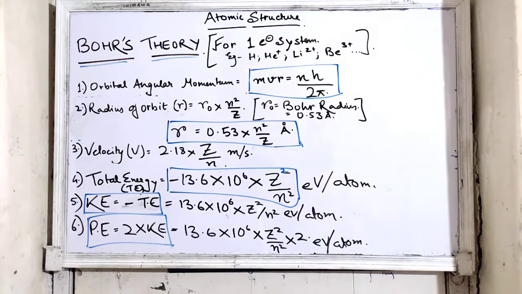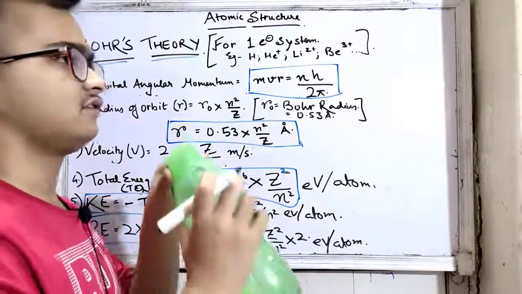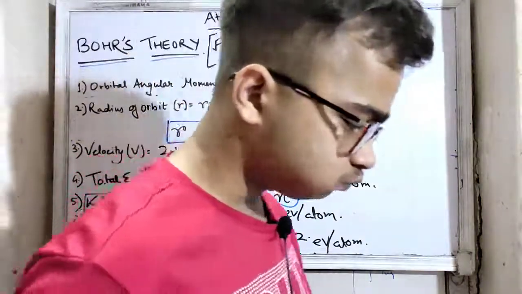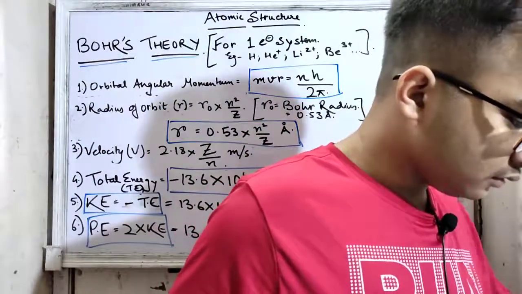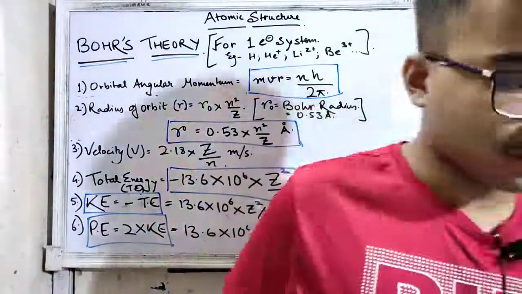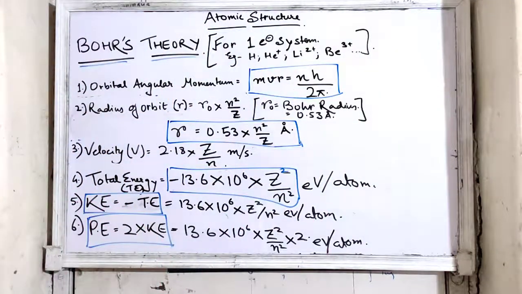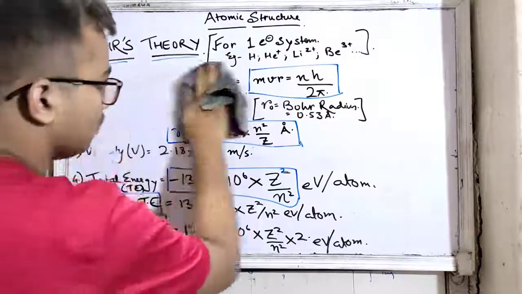Now for this you have to remember that it's only for isoelectronic species or for a one electron system. Okay, so let's clear it out.